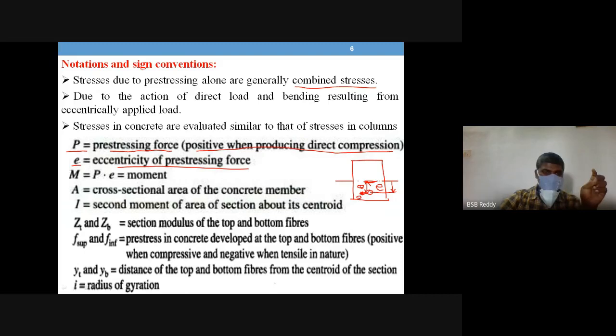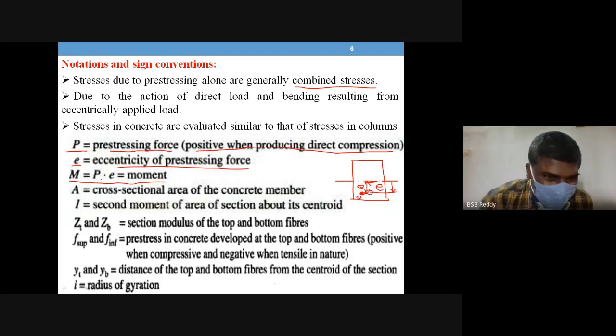So that is the small e value, and the moment developed by the pre-stressing force is P into e. It's very simple: the pre-stressing force multiplied by the eccentricity value. Capital A is the cross-sectional area of the concrete member, and capital I is the moment of inertia about the centroid.